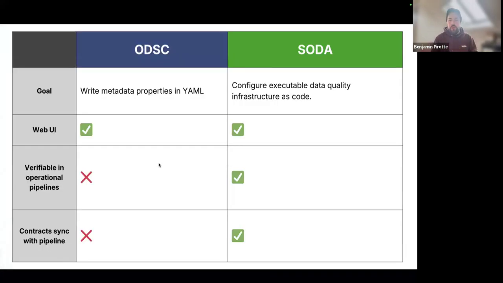Another point on Soda and the other data contracts solutions out there. There are several other data contract solutions present in the data environment. Basically, the main difference with Soda and the main value of what we have done here is that what we want to offer is something that is fully executable and enforceable.